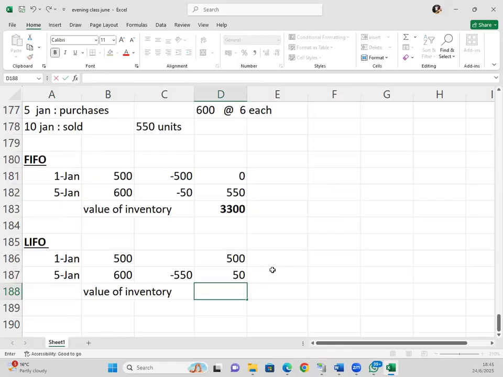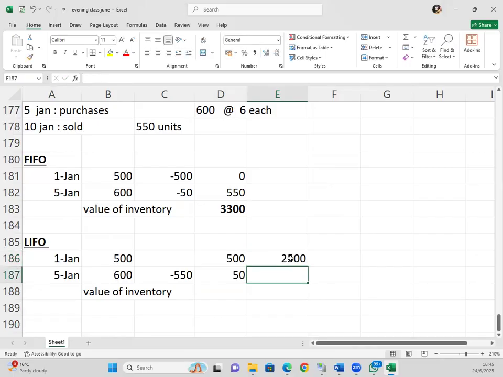How then would we value inventory? For the 500 units, you'd value them at their cost, which is 5. Then for the 50, you'd value them at their cost, which is 6. So if we are using LIFO, the value of inventory would then be 2,800.